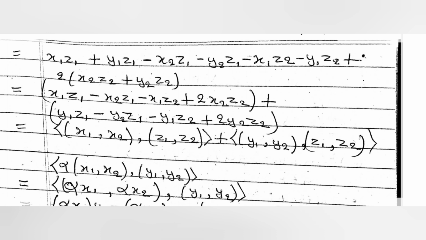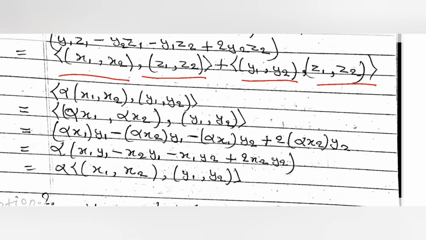Then, after solving this, we have (x1, x2) and (z1, z2) plus (y1, y2) and (z1, z2). Then we have alpha into (x1, x2) and (y1, y2), so we'll multiply alpha with this.